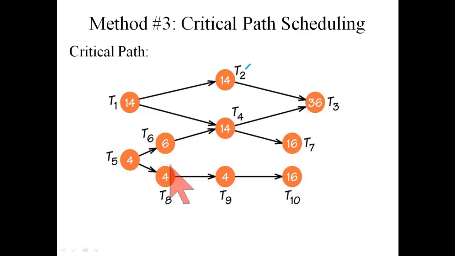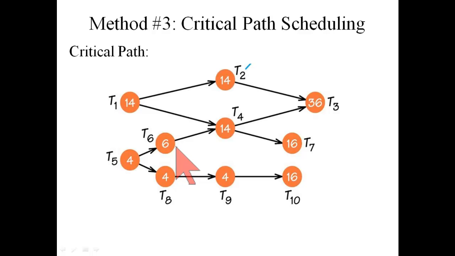The algorithm said, find the critical path. All right, I look at it and say, what is the longest chain in terms of sum of completion time that I could find here? And it might take a little bit to do that. It's probably going to involve the 36. That's a big number. There's a tie for 14s here, and then 14 is here, and that's more than the 4 plus 6.